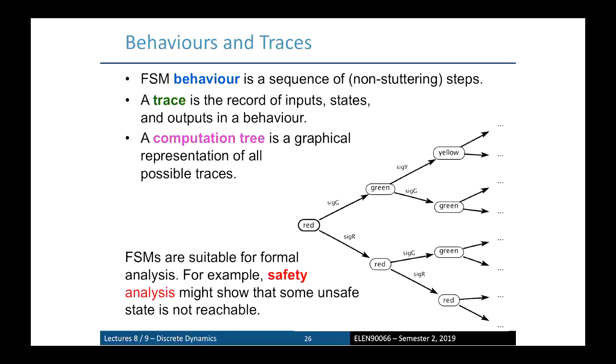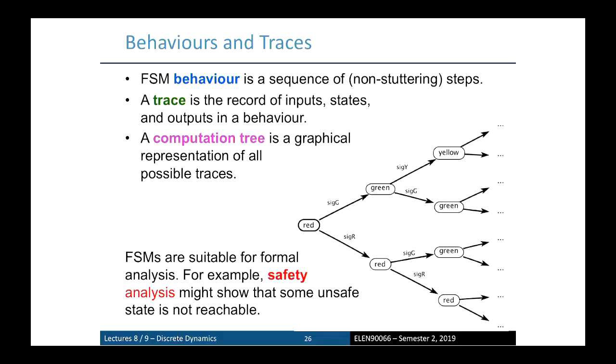You can do a computation tree for all the possible inputs and go through all the possible combinations of states and find out, indeed, that state is never reached. It can be computationally expensive to do that, to think about all the possibilities over time; it just becomes this big nebulous thing. But it's important for safety analysis.